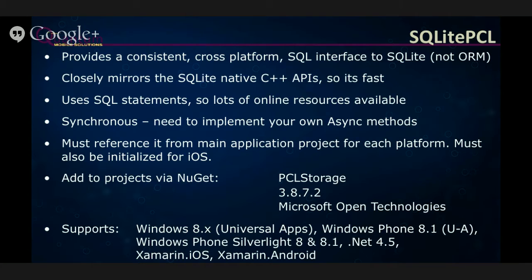There is one thing to mention. I might as well mention it here. It's always going to be referencing a particular version of SQLite. The current version that's available for SQLite PCL is 3.8.8.3, so it's expecting to be interfacing with SQLite 3.8.8.3.